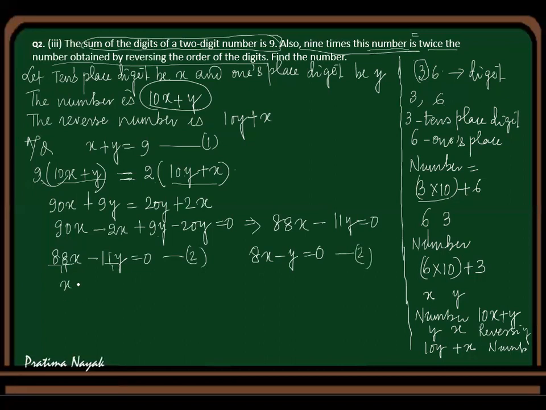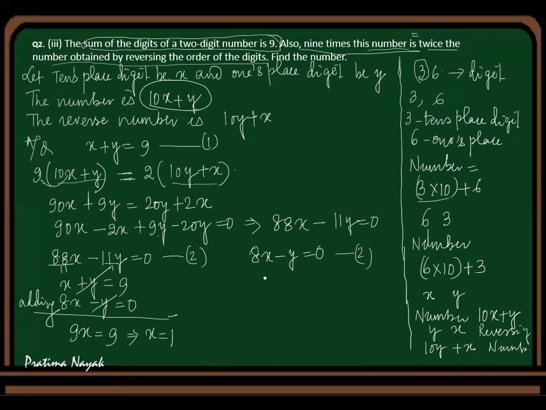So x plus y is equal to 9 and 8x minus y is equal to 0. I'll add them to eliminate y, adding, not subtracting, because they are of opposite sign. These two will be cancelled. So 9x is equal to 9, or x is equal to 1. So the tens place digit is 1.